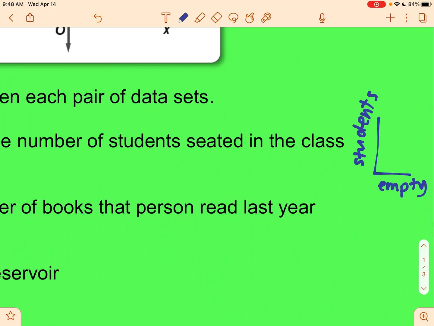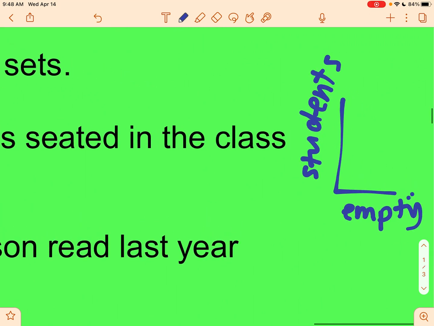If we have a ton of empty seats, so if our x value is super high, do we have a lot of students in the classroom? No, right, so our dot would be over here. What about if we have 0 empty seats? Are we going to have a lot of students in the classroom, or not a lot? If there are no empty seats, we're going to have a ton of students in the classroom. So if we keep filling up our seats, our data is going to look something like this.